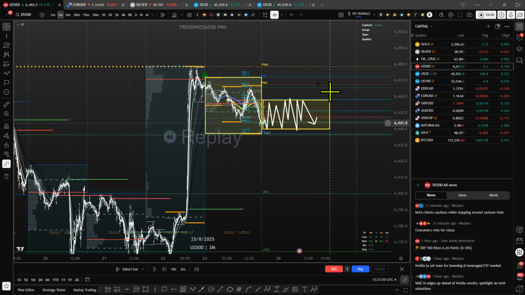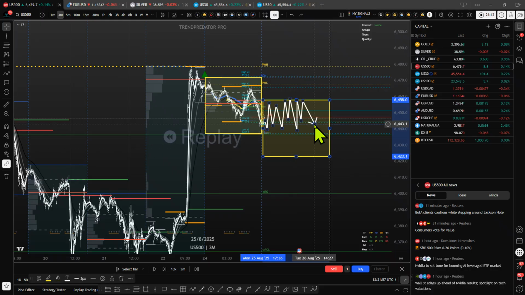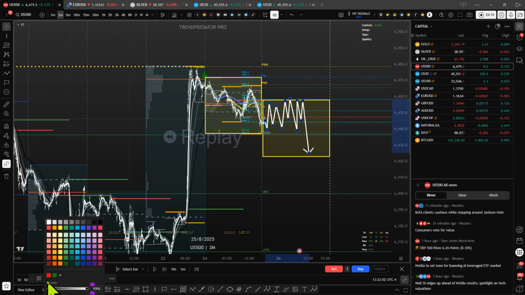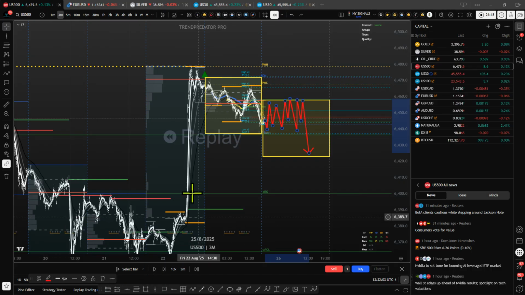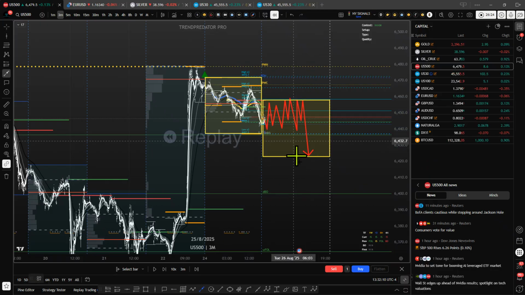So there's three things that markets do. It can range, as in this example, or it can break out. We'll give that a red color for breaking out of the low of the inside day. They will eventually, at some point, pull back and either continue.